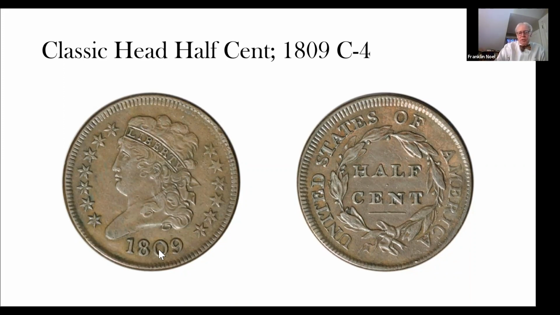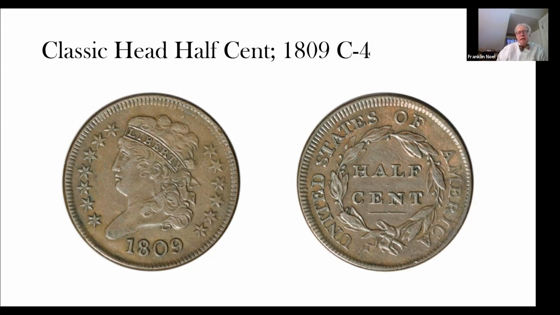In addition to the repunched 0, the variety is distinguished, like all 1809 half-cents, by the location of the tip of the highest leaf in the wreath on the reverse. On the C4, you can see it reaches almost all the way over to the letter O in the word of.